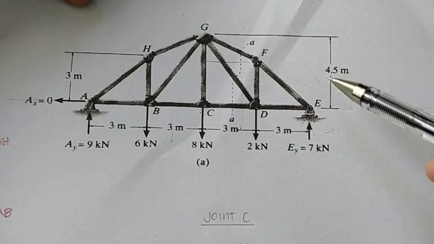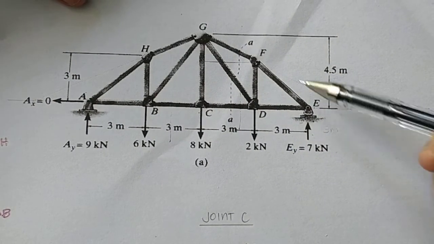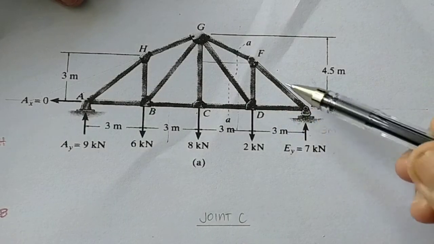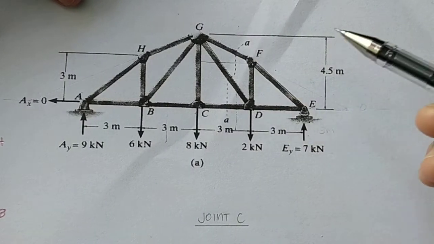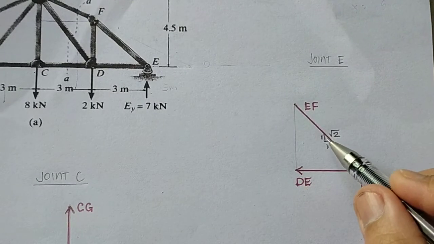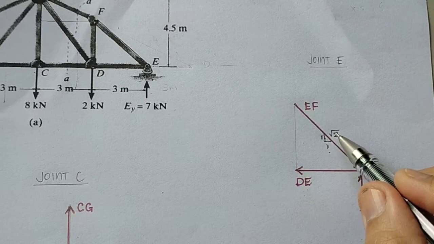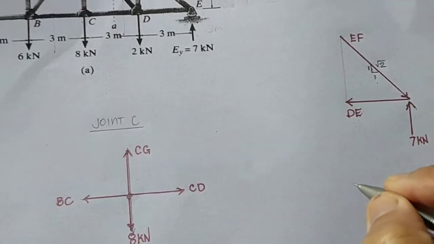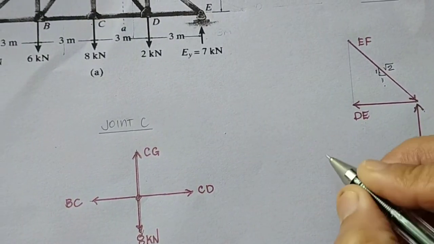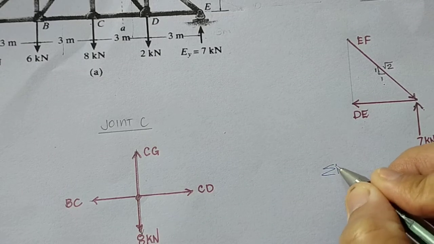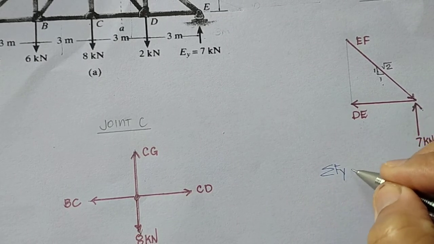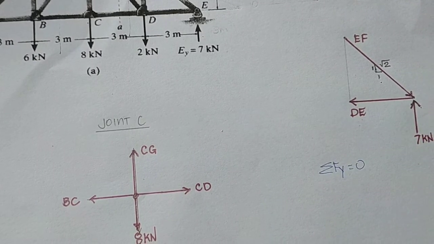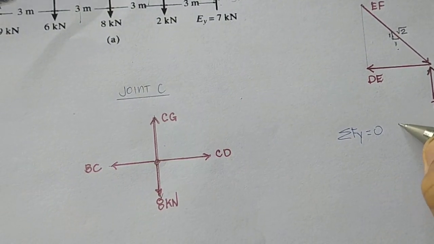The slope of member EF is 3 meters horizontal, 3 meters vertical. Therefore we have 1:1 and square root of 2 for the hypotenuse. So summing up the force along the y-axis equals 0. Going up, force should be positive.